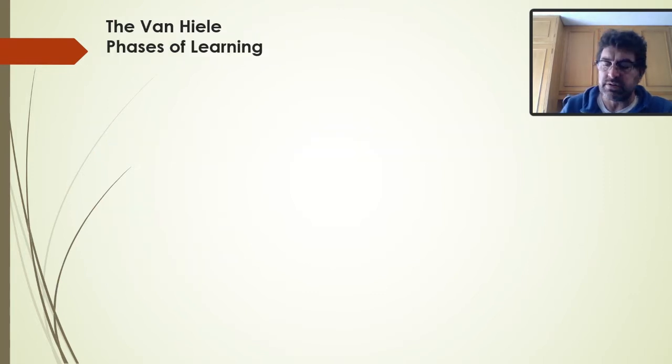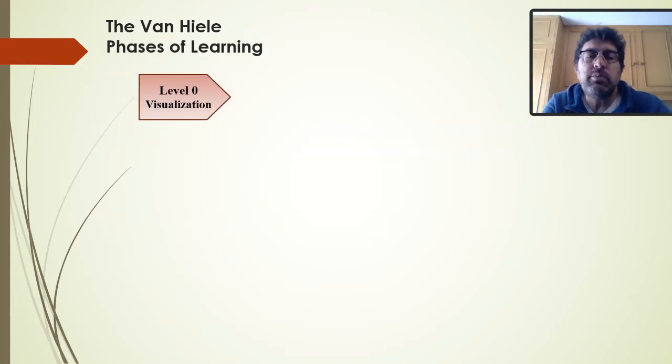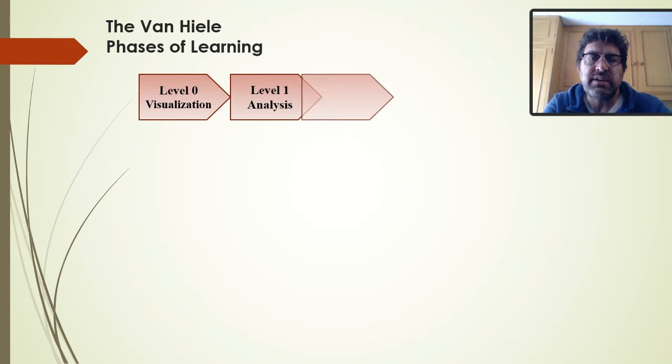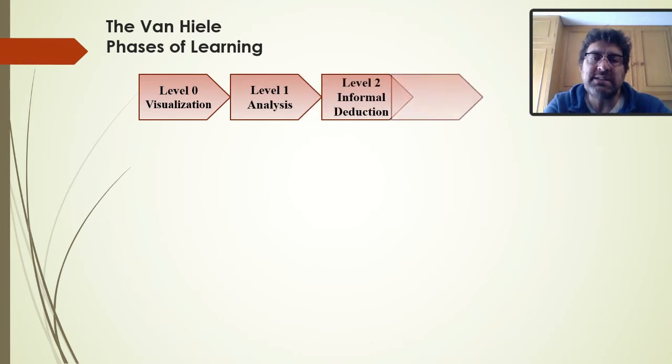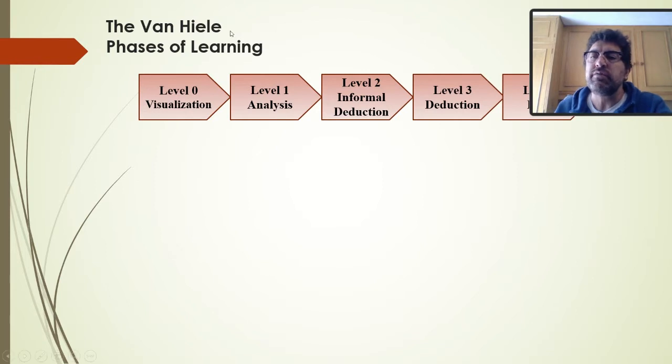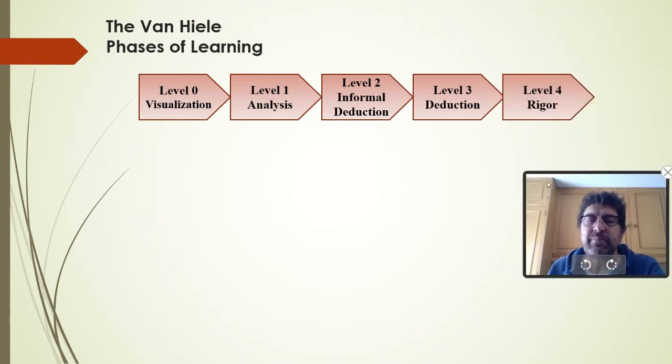Okay, so let's start. First of all, we learned about the Van Hiele levels. Level 0 visualization, level 1 analysis, level 2 informal deduction, level 3 deduction, and level 4 rigor.